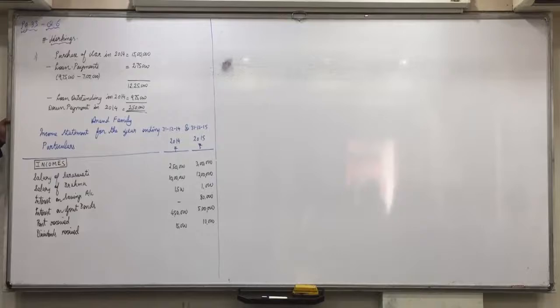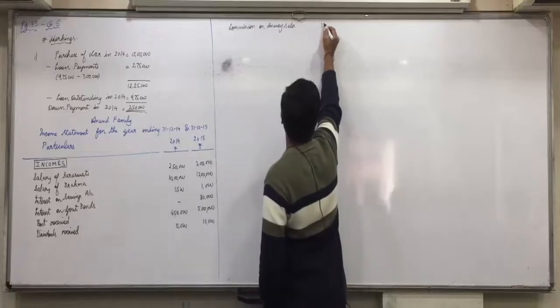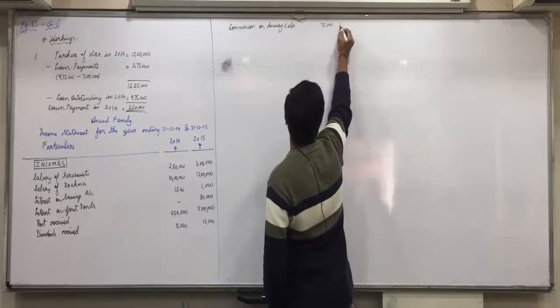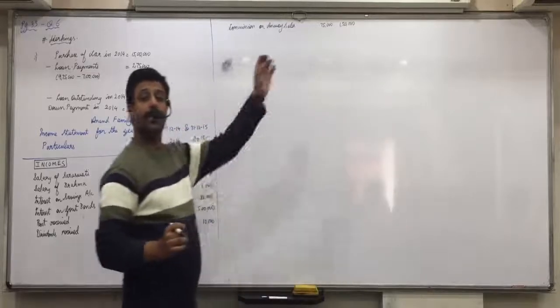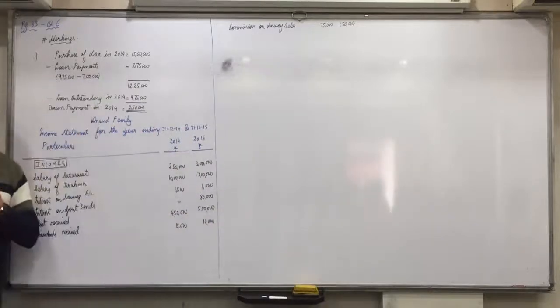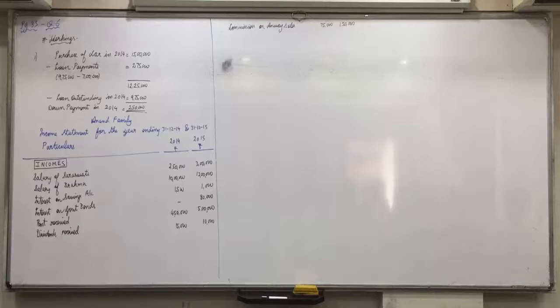After that we'll take commission on Amway sales 75,000 and 1,50,000. After that current sale of shares 25,000 and 1 lakh.